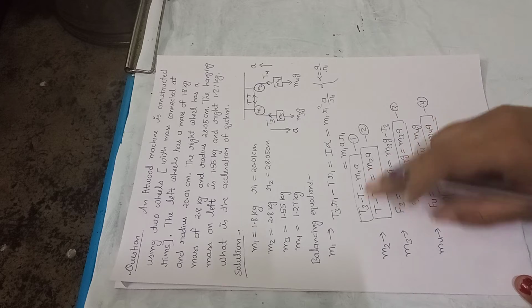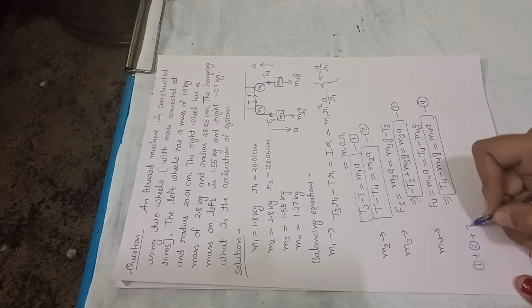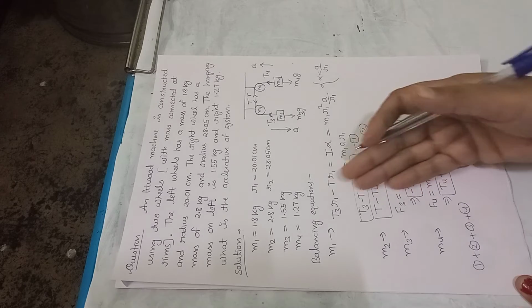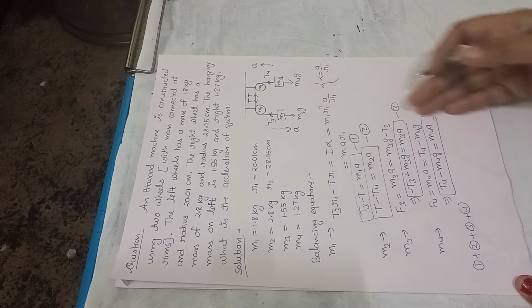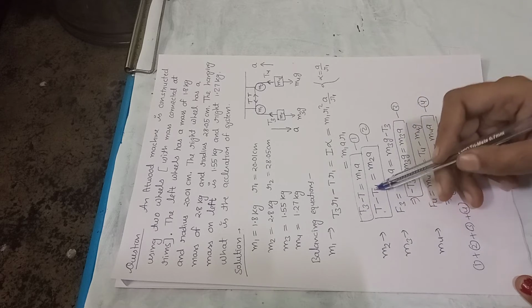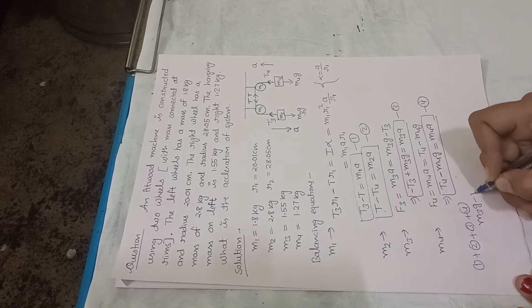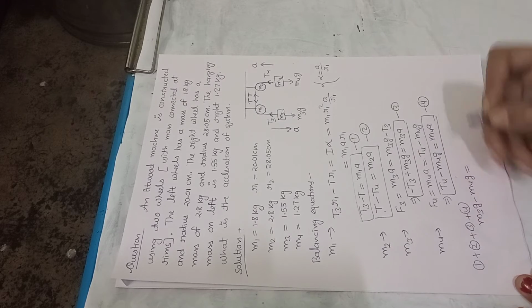If we add up equation number 1 plus 2 plus 3 plus 4, that means LHS part separately and RHS part separately, the T's cancel out, T3 will cancel out, T4 will cancel out. Only m3g minus m4g is the remaining part.